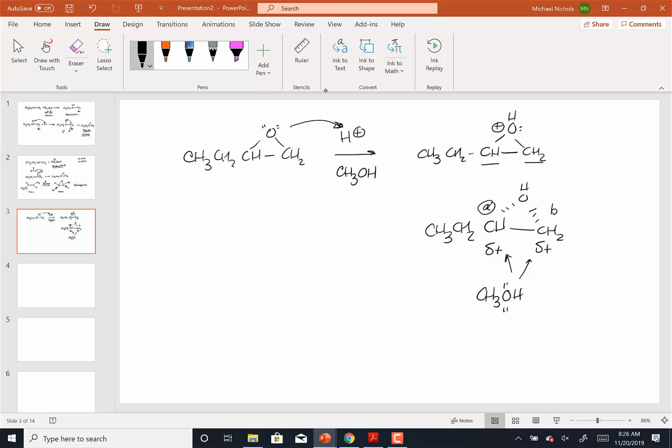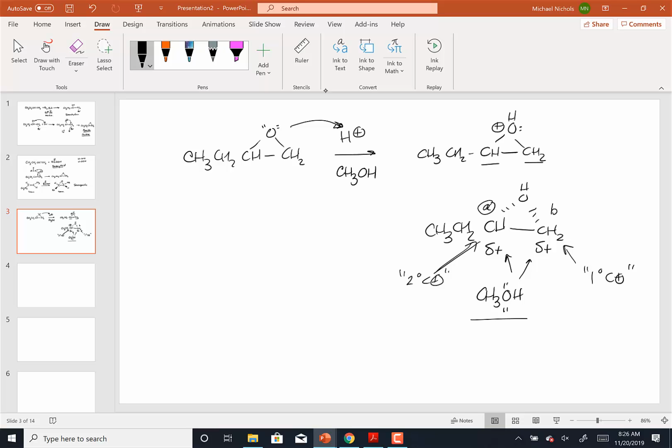The methanol is going to add to the carbon with the most delta positive charge. And which carbon is that? It's A, because in this case it looks like a secondary carbocation, whereas carbon B looks more like a primary carbocation, which is not stable. So it's just like I went through on Monday. You're a weak nucleophile.